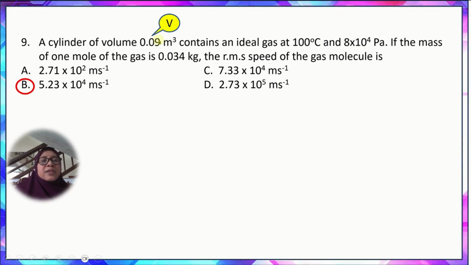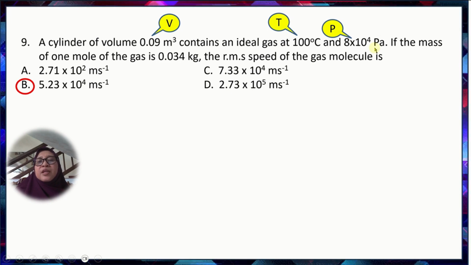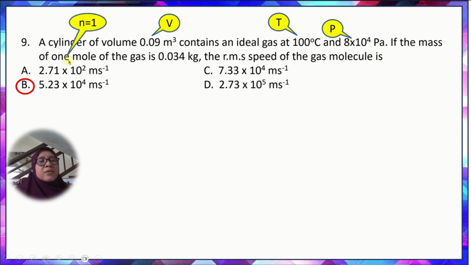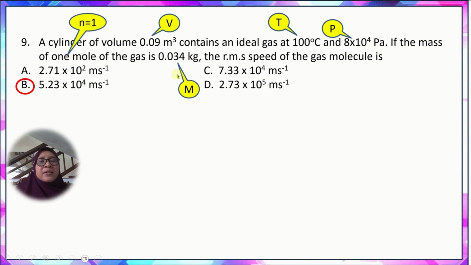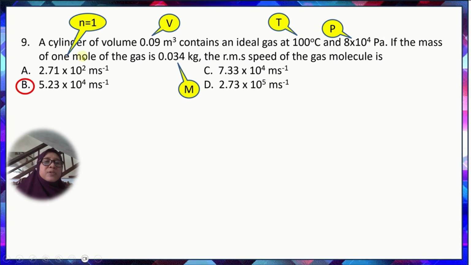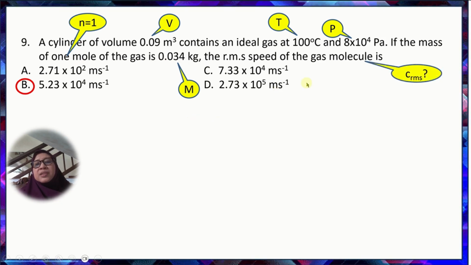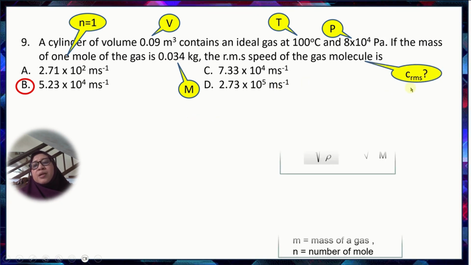Look at what information is given. You are given V, temperature and pressure. The number of moles is 1, and the molar mass is 0.034 kilogram. So we are going to find the r.m.s speed.